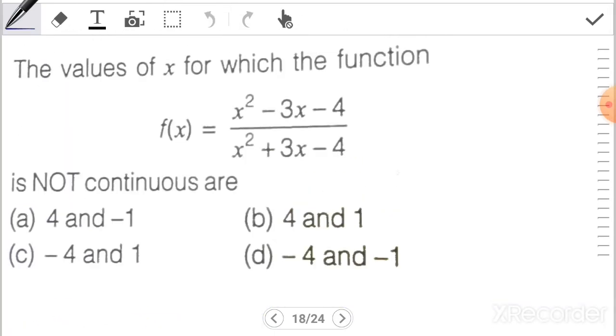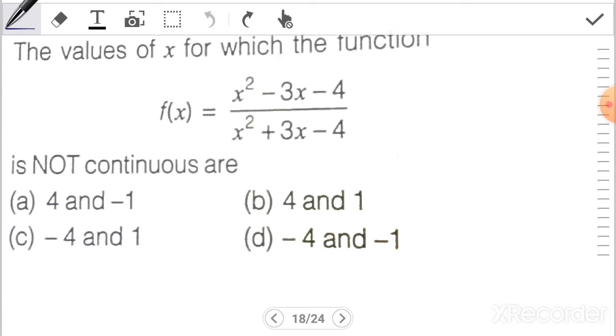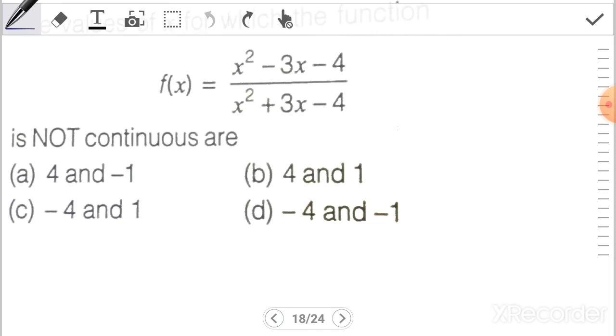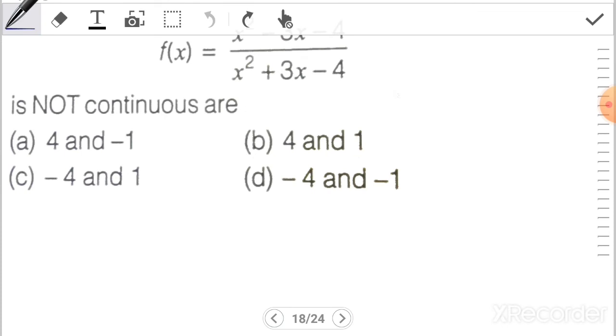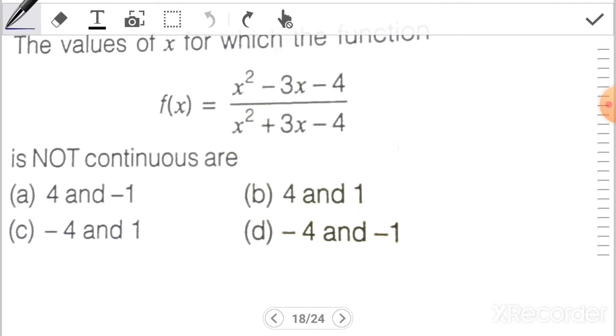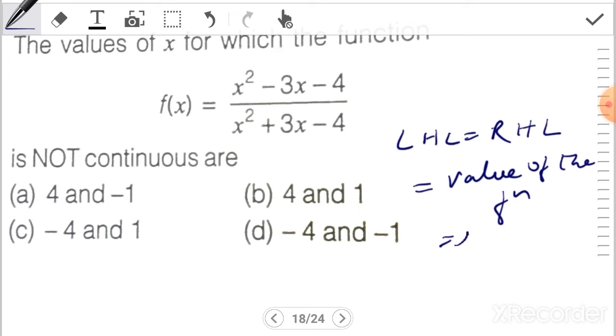Next question: the values of x for which the function f(x) is not continuous are. So you have to find the values of x at which the function is not continuous. A function is said to be continuous at x equal to a if it is defined at x equal to a, the left hand limit is equal to the right hand limit is equal to the value of the function, and is real and finite.